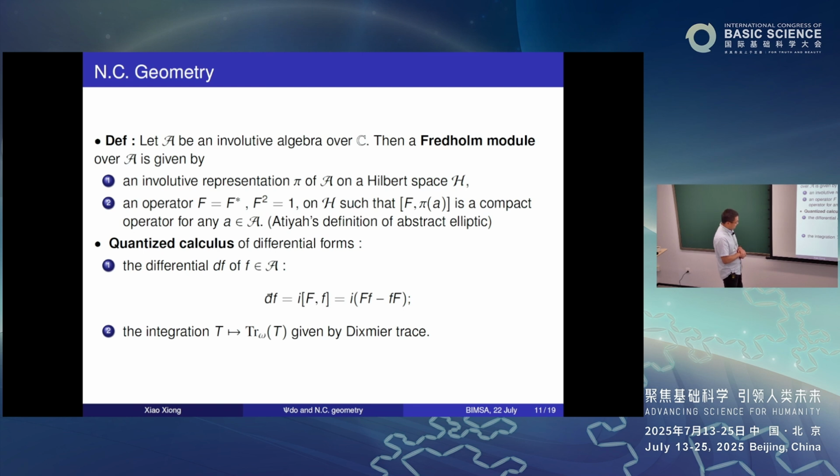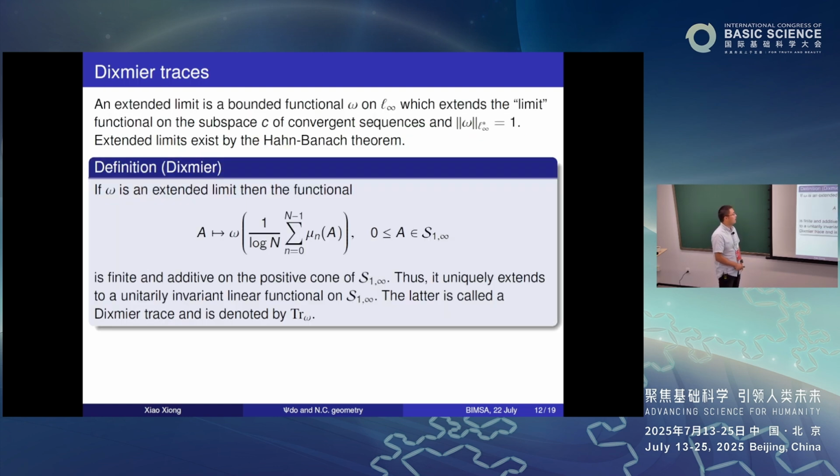And also the integration. The integration is some kind of a positive linear operator. But this is given by the Dixmier trace. So let's continue to explain the definition of the Dixmier trace here.